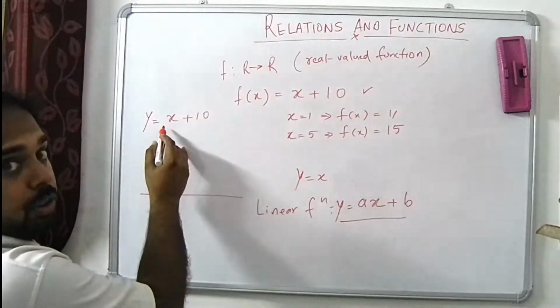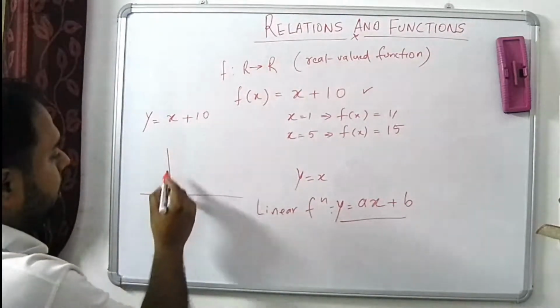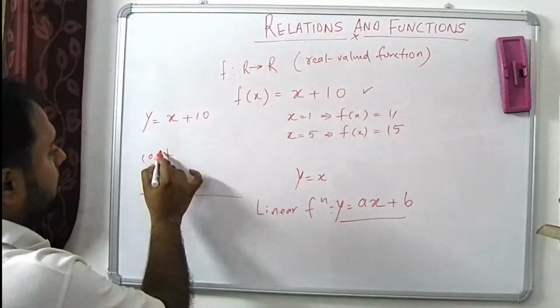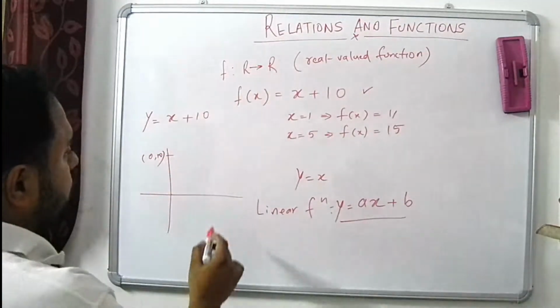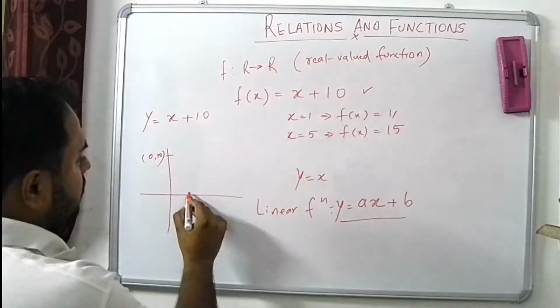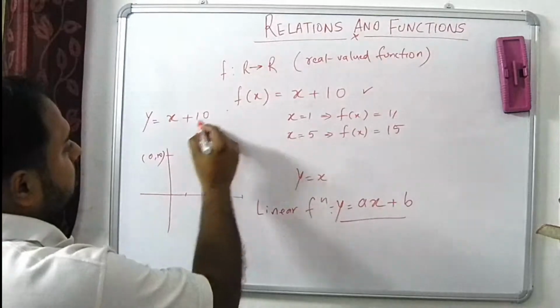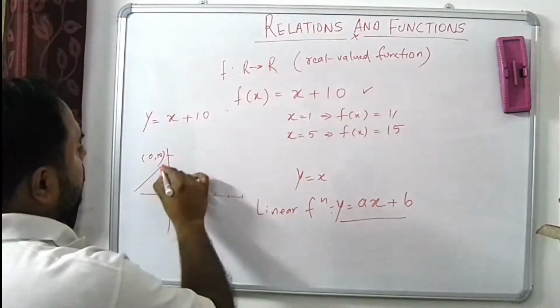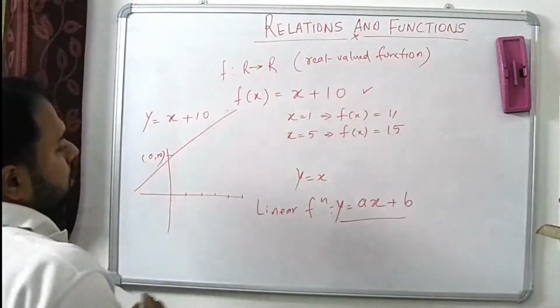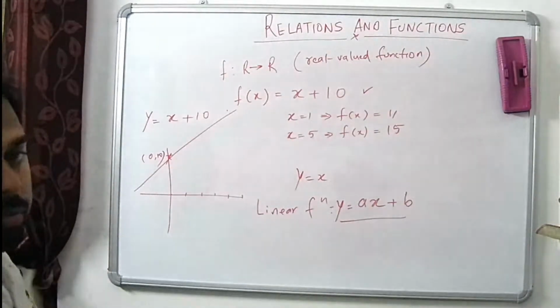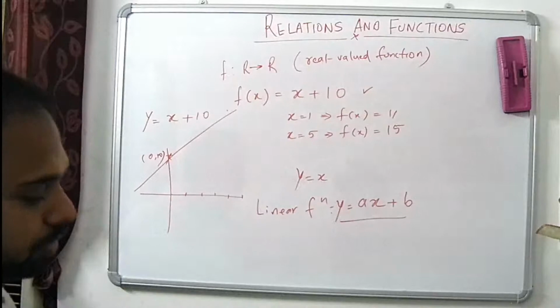When x is equal to 0, then y is equal to 10, so the point is (0, 10). And when x is equal to 5, then y is equal to 15. So I know this is the line we are asking for. This is the graph of the function.